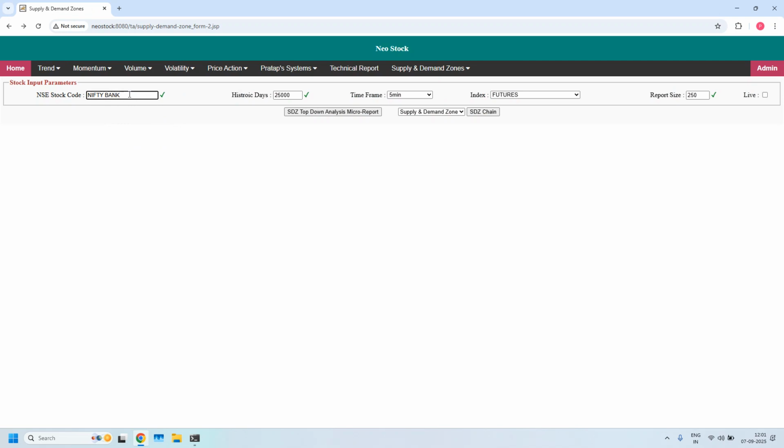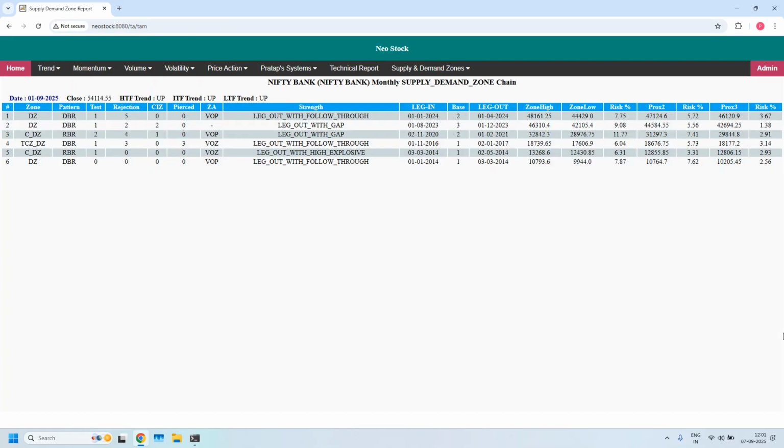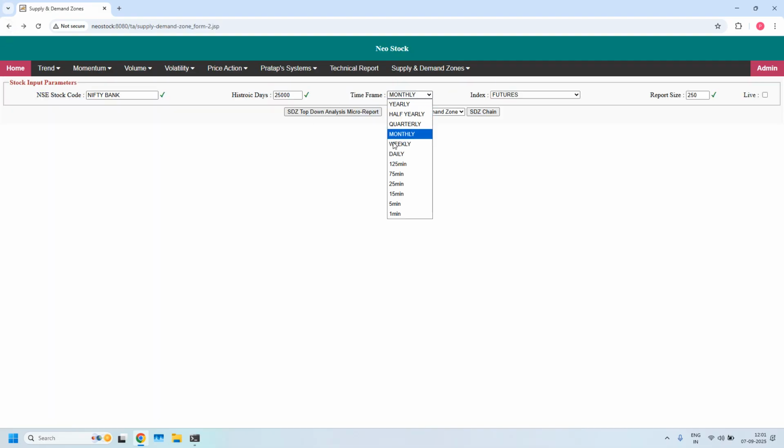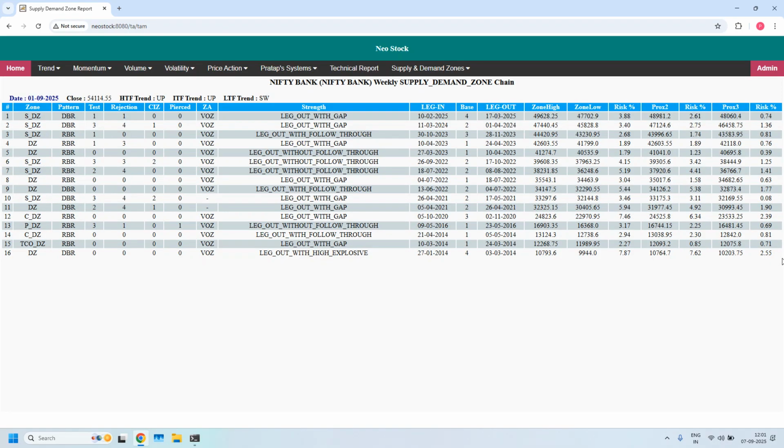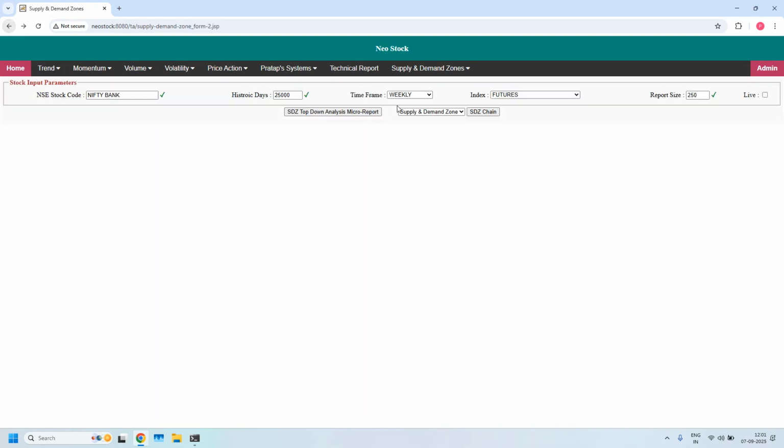NIFTY Bank, that is nothing but BANKNIFTY, generating monthly supply demand zone chain for BANKNIFTY. Next, generating weekly supply demand zone chain for BANKNIFTY. Next, generating a daily supply demand zone chain for Bank Nifty.